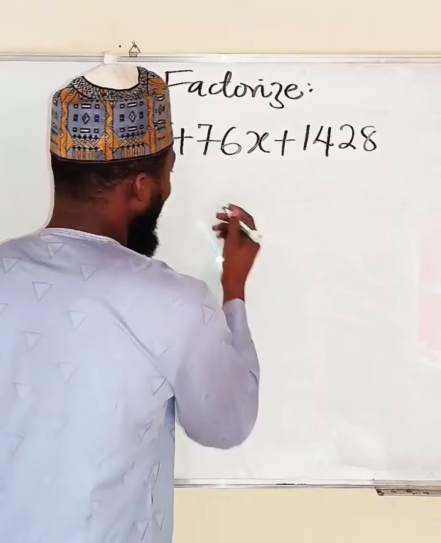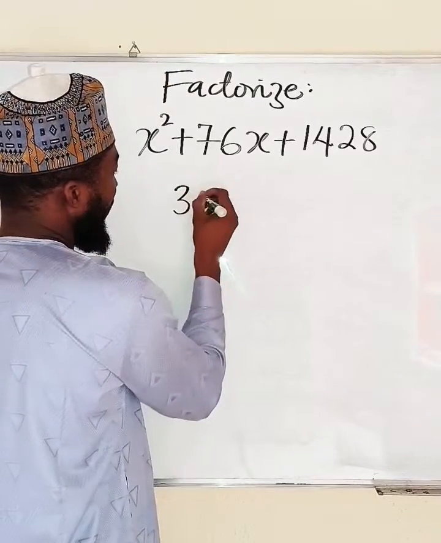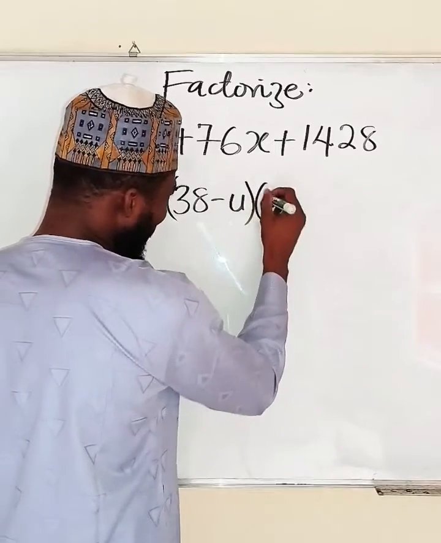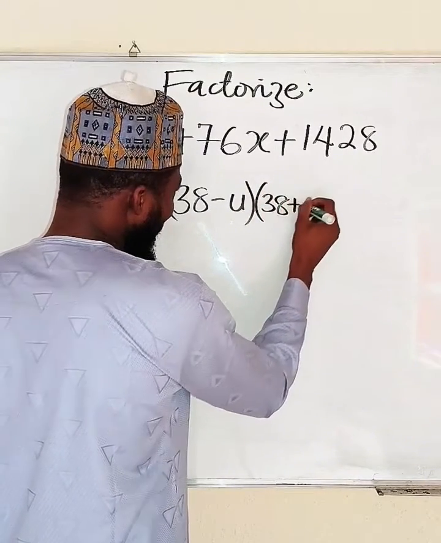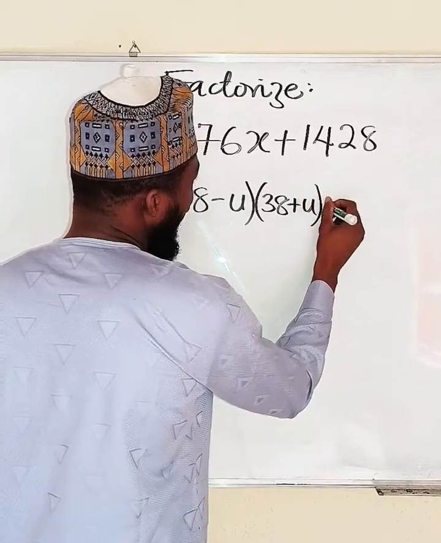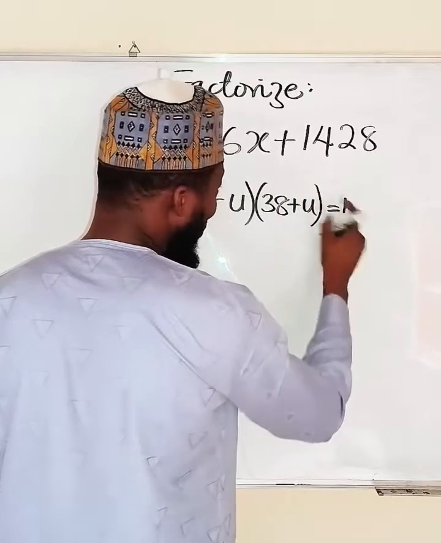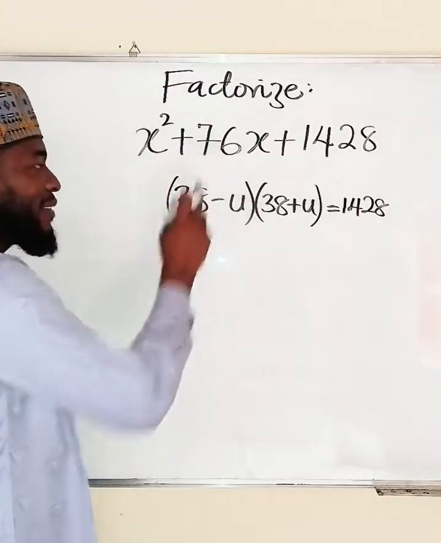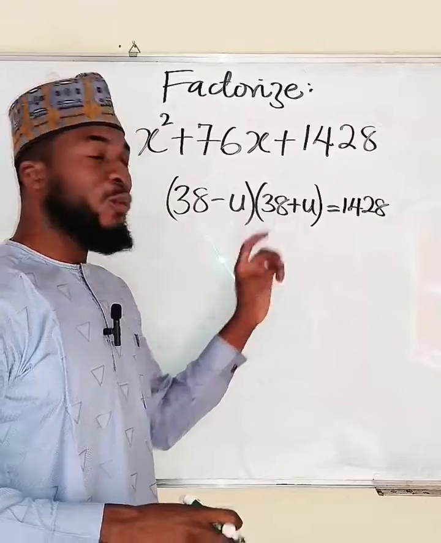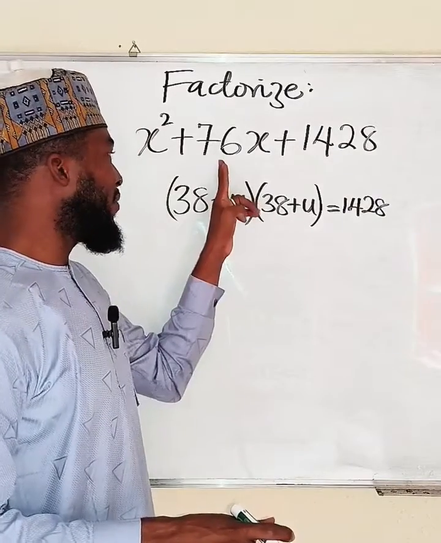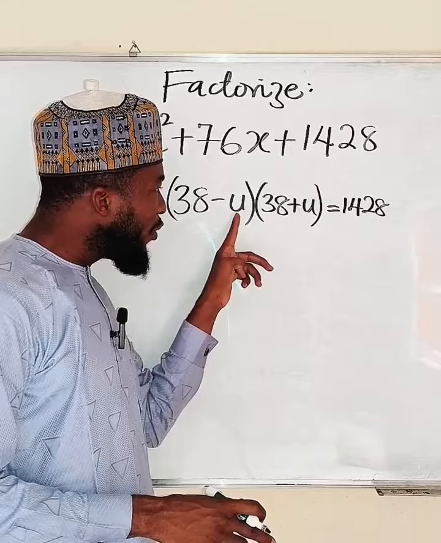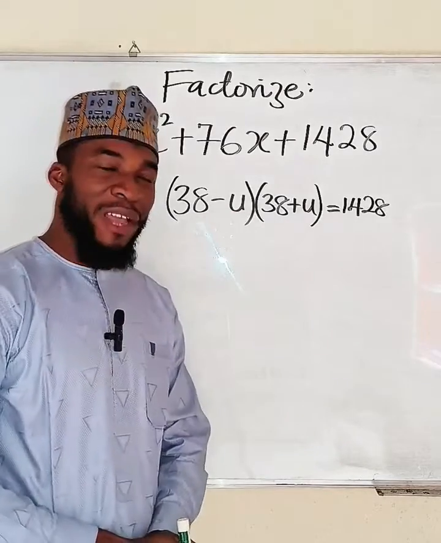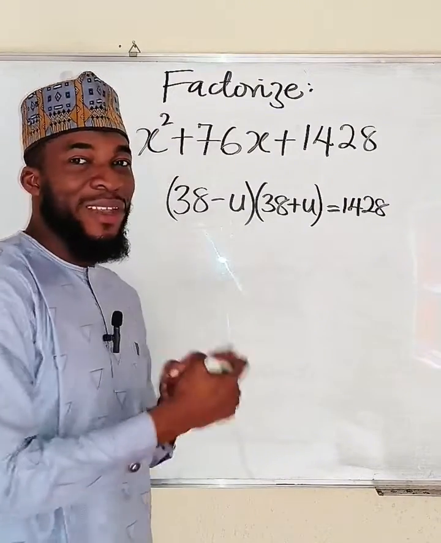If I take 38 and I subtract a number u, and I take the same 38, I add the same number u, the product will be, we want to come up with a product of 1428. But I know that the sum will be 76. Look at it. Negative u plus u will be 0. 38 plus 38 is 76. So we want to find a number u here, which if you plug it back here, the product will be 1428. So we are solving another equation in terms of u.